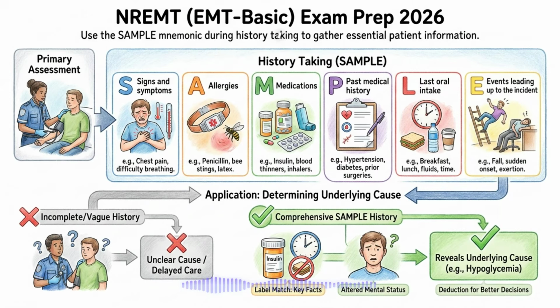This tool provides a comprehensive snapshot of the patient's background, which often reveals the underlying cause of their current emergency. For example, knowing a patient took insulin but missed lunch perfectly explains their altered mental status, a deduction you will frequently need to make on your exam.